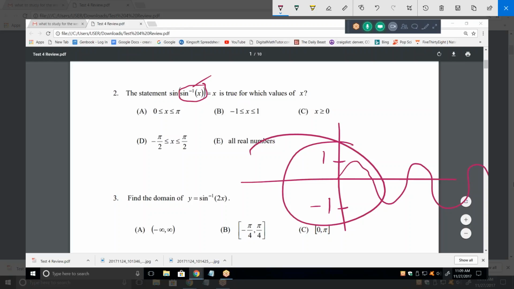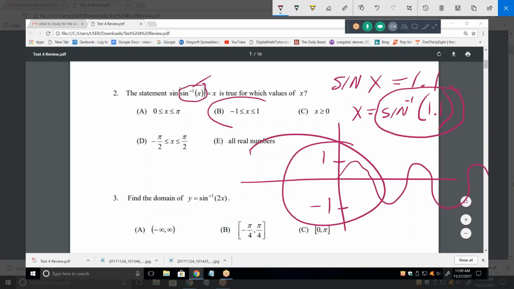You can never take the inverse sine of a number greater than 1 or less than -1. If I tell you that the sine of x equals 1.1, that's impossible. If I go to solve that, that means x is going to be the inverse sine of 1.1, and you cannot take inverse sines of numbers greater than 1 or less than -1.